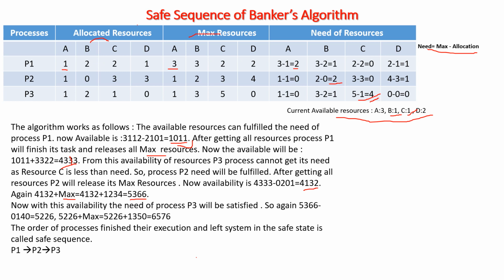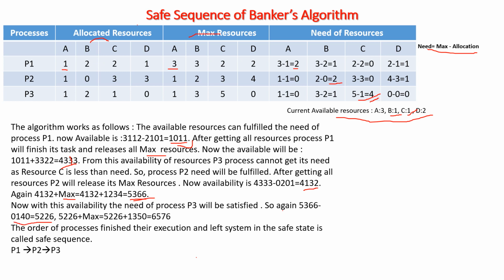So when the process P3 gets fulfilled, it will release all its max resources, and those max resources will be added to the leftover available resources, which we calculate by subtracting the need of process P3 from the available resources, which is 5366 minus 0140, which is the need of process P3.